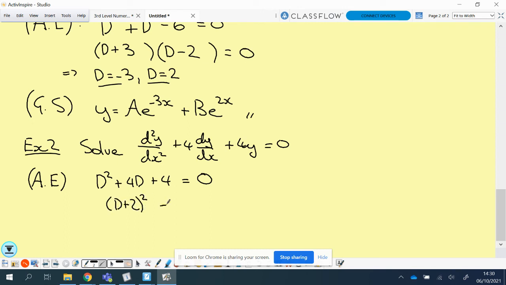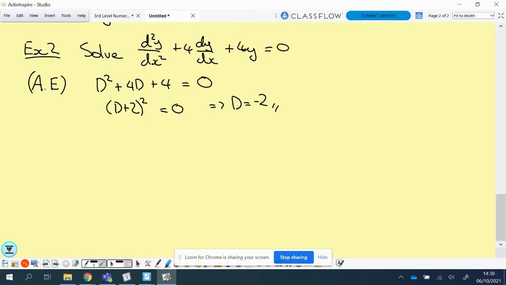Okay, that would actually give me the answer as I factorise it, d plus 2 squared. Okay, you get d plus 2 in both brackets if you don't have a trinomial. Therefore, that would give me an answer that both my roots were in fact minus 2. D equals negative 2 there.